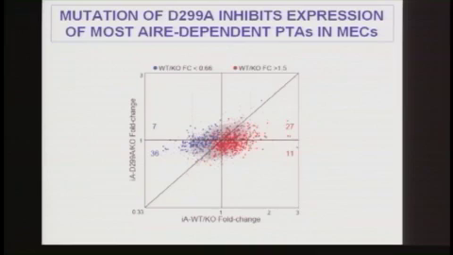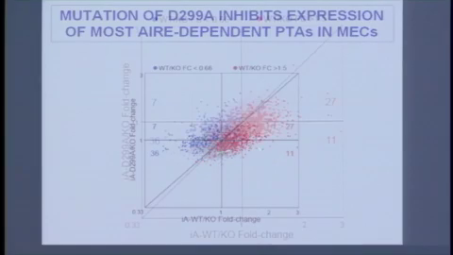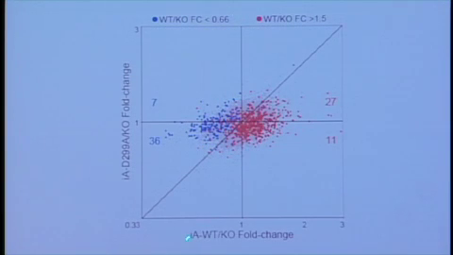So then what we did was to make transgenic mice that expressed either only wild-type AIRE or only AIRE that has this single point mutation. And when we get these mice and isolate their medullary epithelial cells and do gene expression profiling, what we're comparing here is expression of the individual genes in the AIRE wild-type transgenic versus the knockout, and the AIRE mutant transgenic versus the knockout.